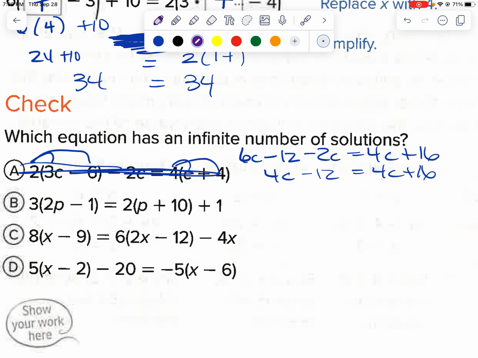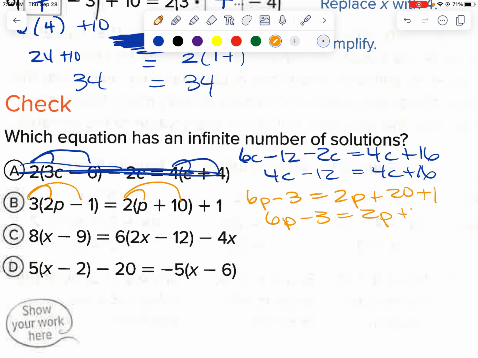So then, I'm actually going to do this one next. I'm going to multiply here, and I get 6p minus 3 equals 2p plus 20 plus 1. So 6p minus 3 equals 2p plus 21. They are not exactly the same on both sides of the equal sign, so that is not going to work.